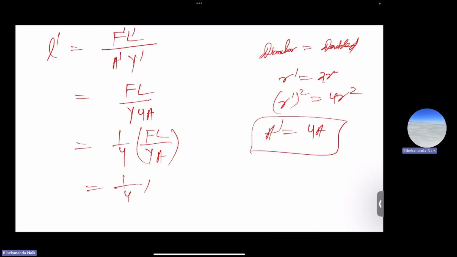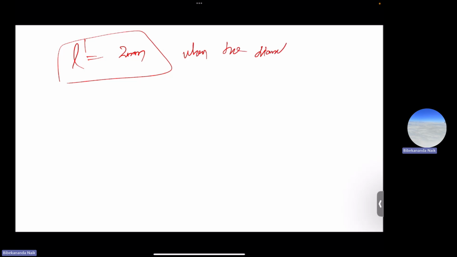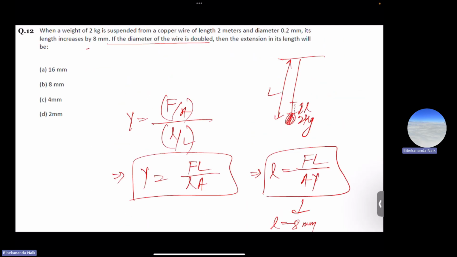So 1 by 4 into small l, that is 1 by 4 into 8, 2 mm. So l prime will be 2 mm when the diameter is doubled. So I hope this is clear to everyone.